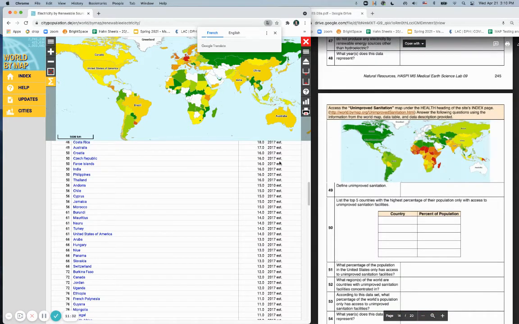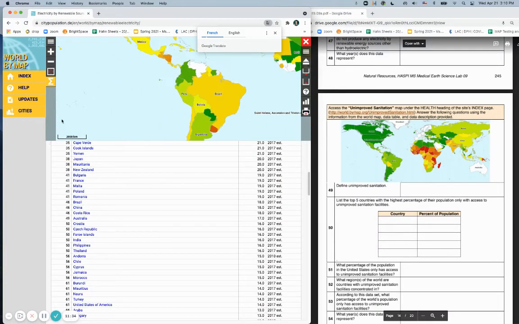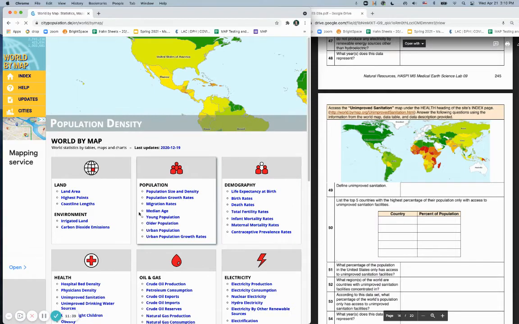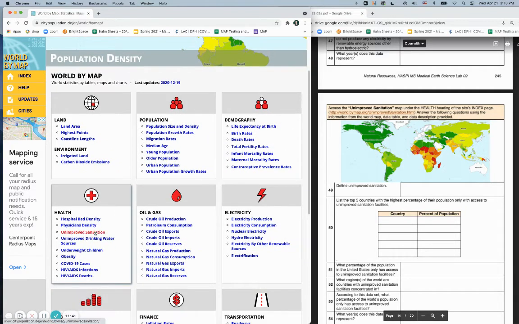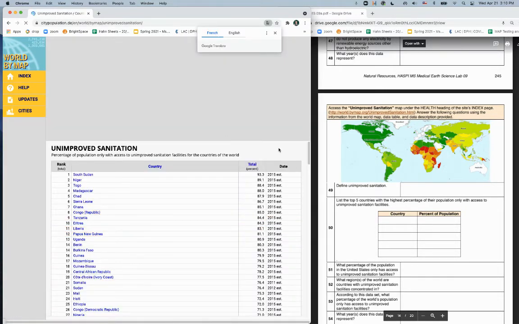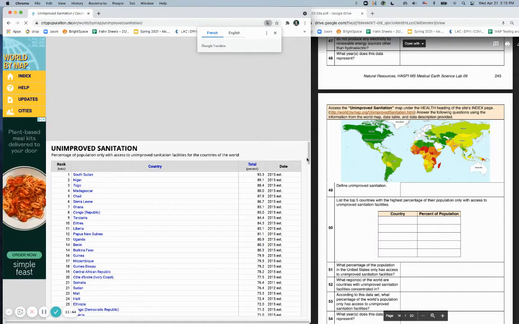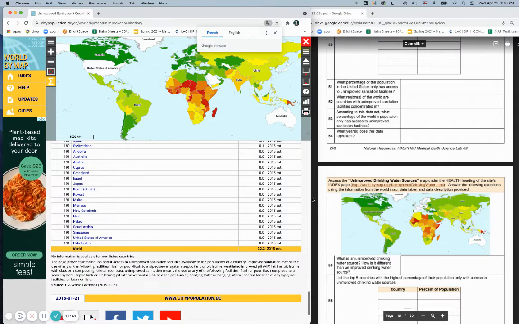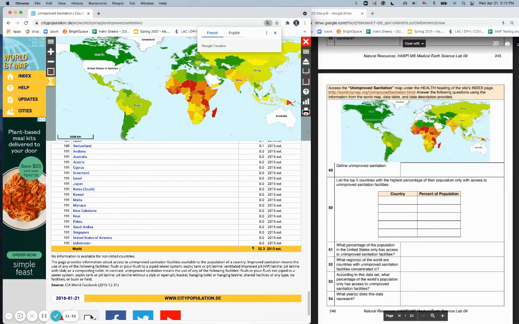Okay. Then you're going to go to unimproved sanitation. Just does not sound like a good thing. So under health, what does unimproved sanitation mean? They should have the definition at the top, but they've got it at the bottom.